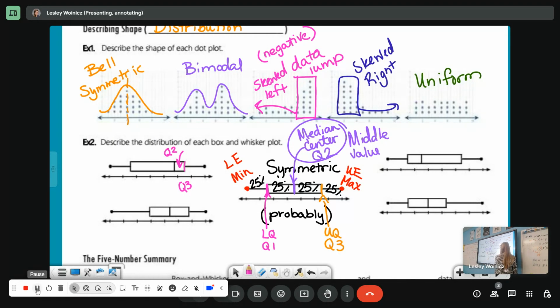How much is in here between quartile 1 and quartile 2? Okay, but doesn't that look like it should be more? So it's kind of an optical illusion. You just kind of have to know that they're all 25% no matter how big they look. Everybody got it? Okay. All right, so this is 25%, this is 25%.